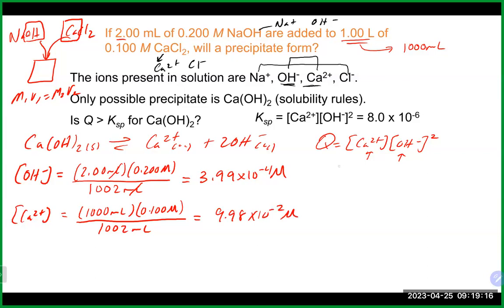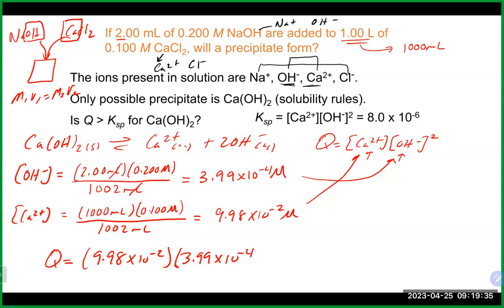Now that we have our proper concentrations here, we can take these into our Q expression. So our Q would then equal our calcium, which is 9.98 times 10 to the minus 2, times our hydroxide, which is 3.99 times 10 to the minus 4, and we're going to square it.